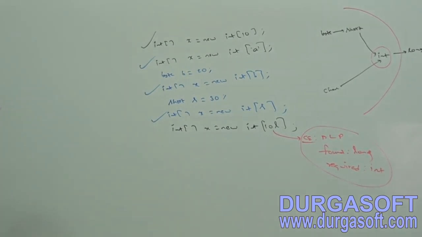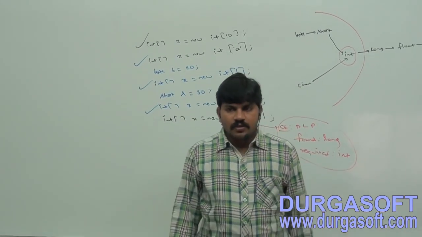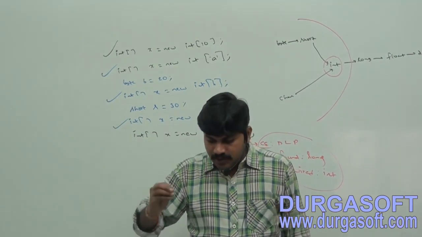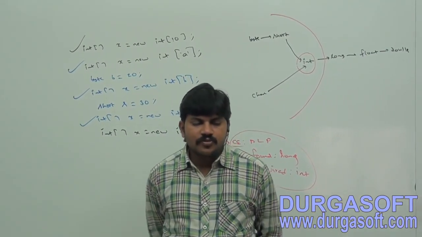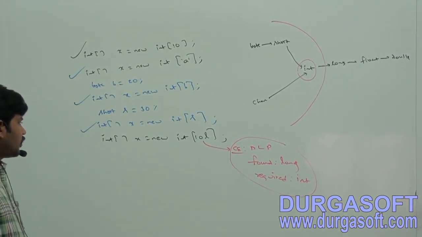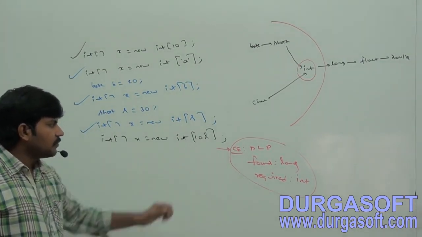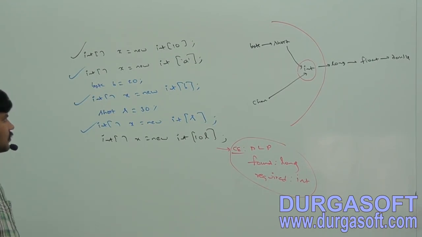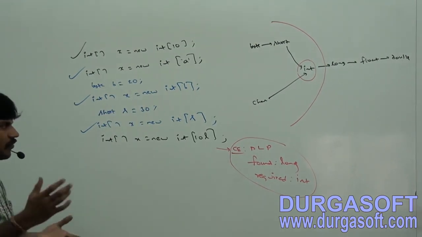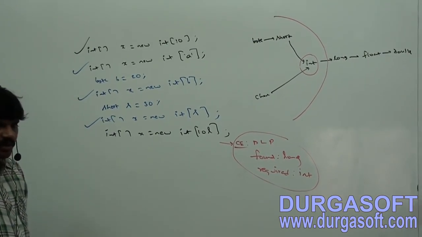Okay, to specify array size, the allowed data types are byte, short, char, int. Better to take one by one.